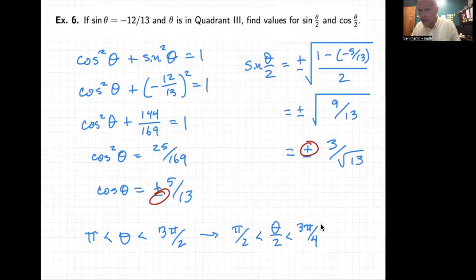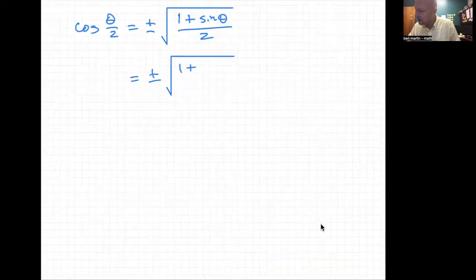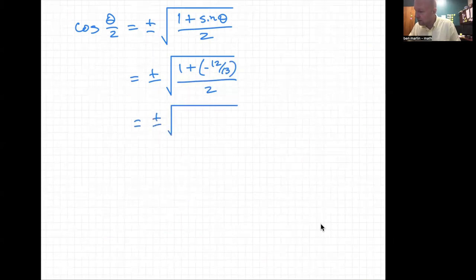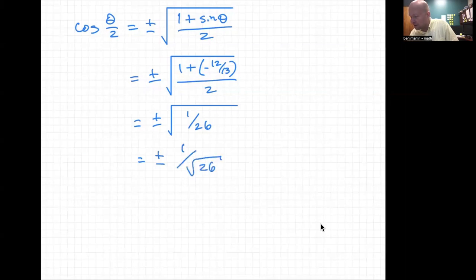Sine theta was negative 12/13. So plus negative 12/13 over 2, which is plus or minus the square root of, let's see, 1 minus 12/13 is going to be 1/13. And then we take half of that, so 1/26. It seems like a very, very weird answer to me. So we have plus or minus 1 over the square root of 26.